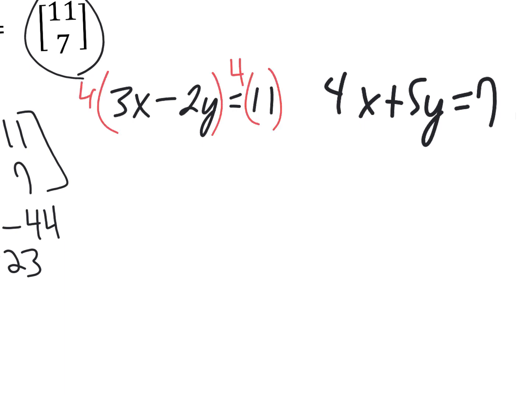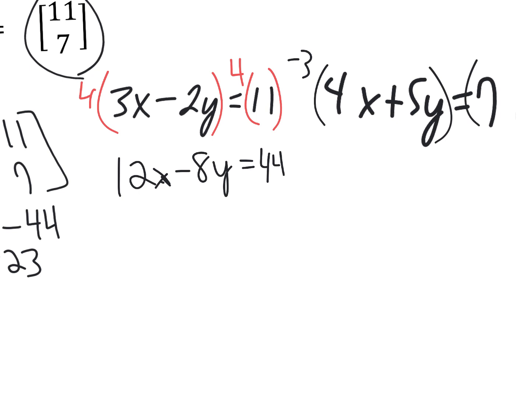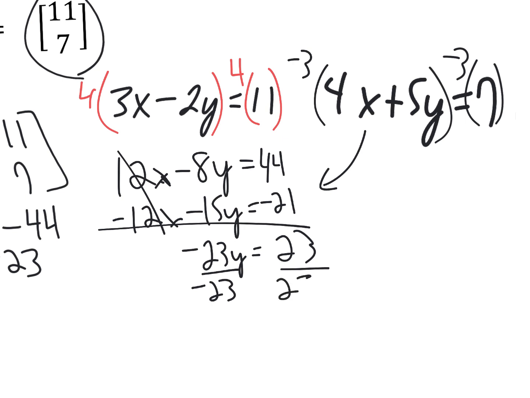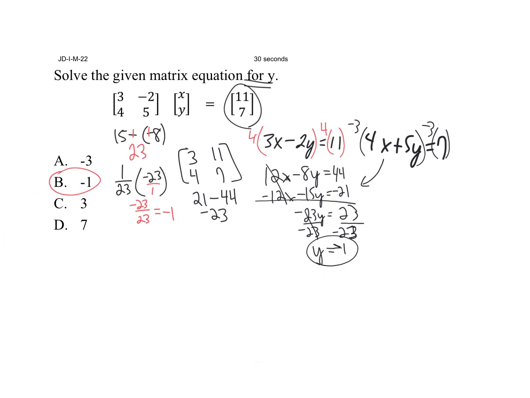We want to get these to 12, except one we want to be 12 and one we want to be negative 12. So first one times 4, second one times negative 3. And there the x's cancel. We've got negative 23y equals 23. Divide by negative 23, and you'll get negative 1 that way also. So just options for you on that one.